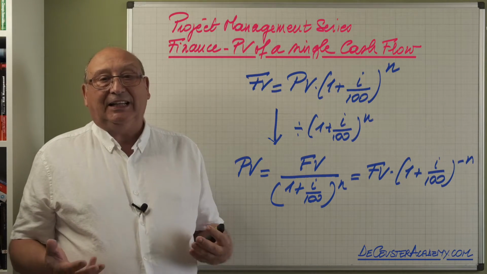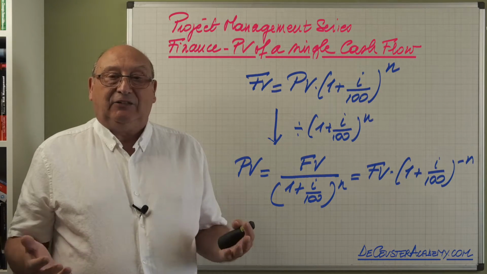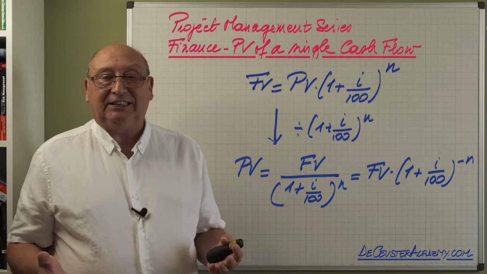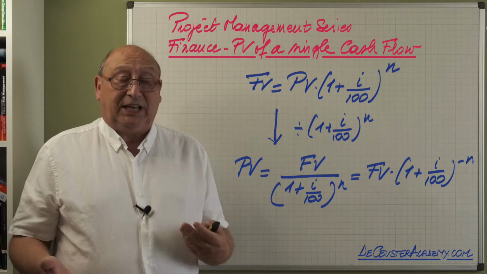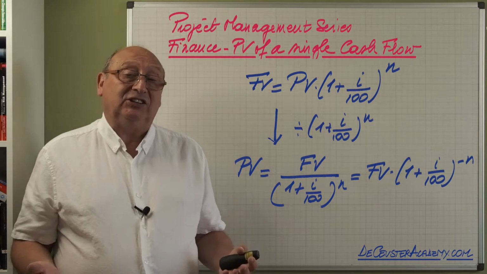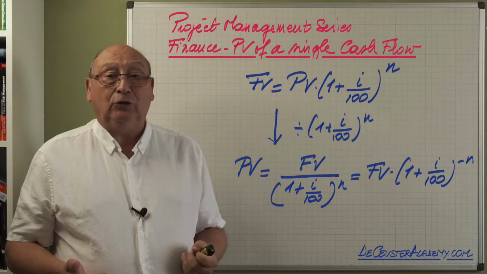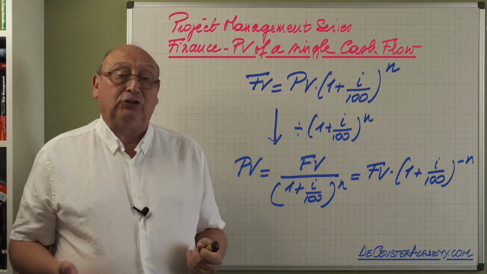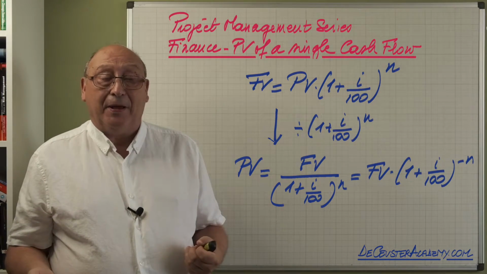The present value is equal to the future value divided by 1 plus the interest rate to the power n. We can also say that the present value is equal to the future value multiplied by 1 plus the interest rate to the power negative n.